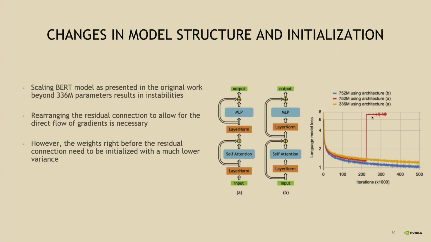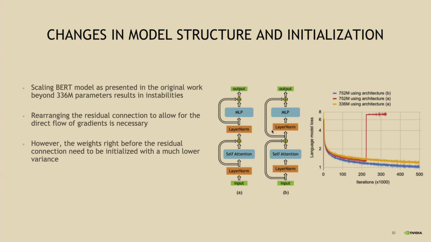We looked deeper into the structure of the network and found that the residual connection needs to be rearranged for the gradients to flow directly into the network without going through the layer norm. Here, case A is the original implementation. Case B is basically a rearrangement of these residual connections.